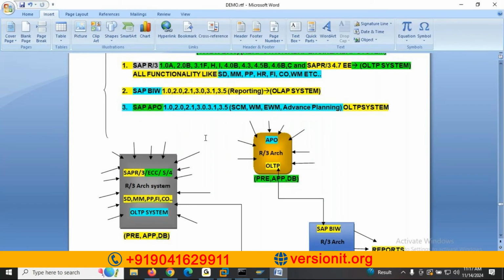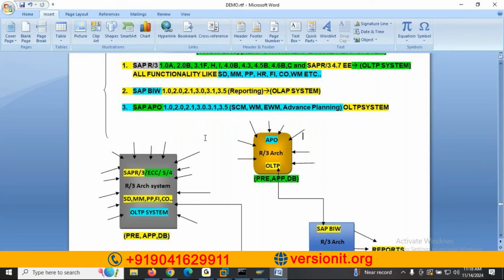Next, write down. The third SAP system, which is designed for special reporting in the year 1998, is the BIW system.